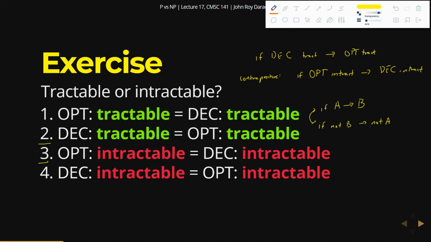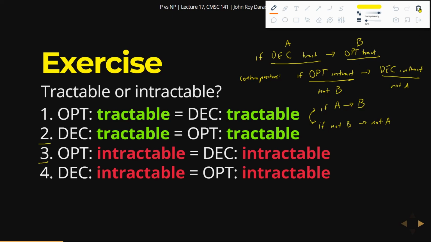So you have decision is tractable, so this is A, and then optimization is tractable, so this is B. This one is not B because optimization is intractable here, so that is the opposite of B, and then this one is not A since decision is tractable here, and then it becomes intractable. So number 2 and number 3 are actually contrapositive statements, so they have the same truth values.